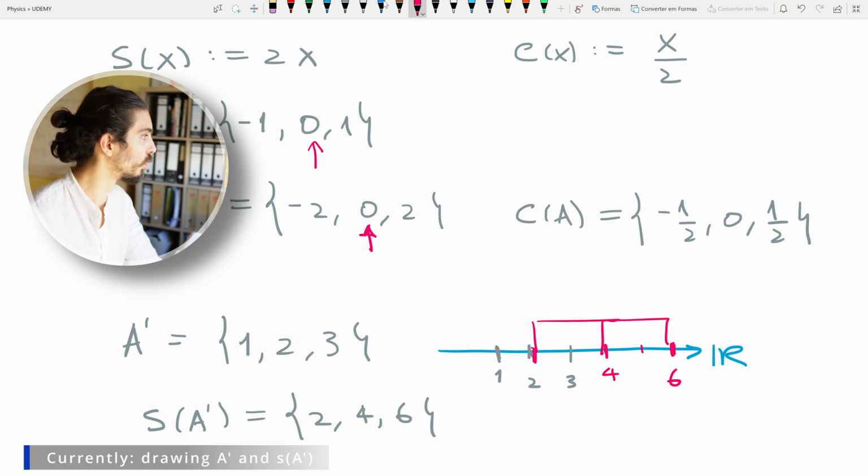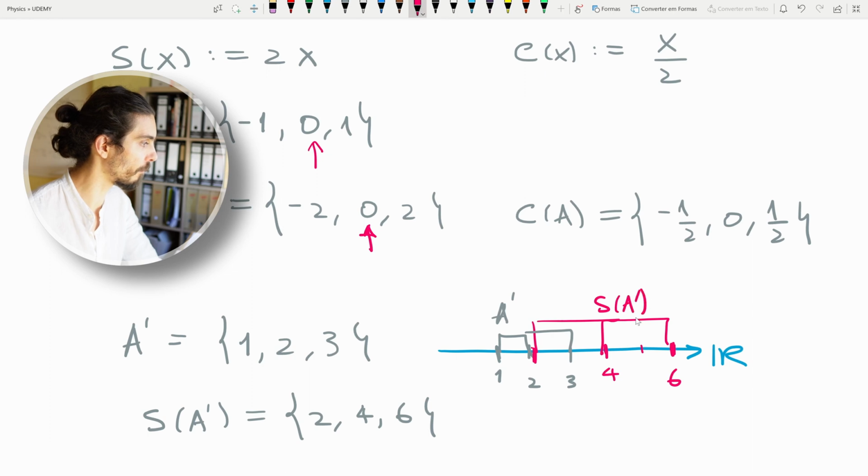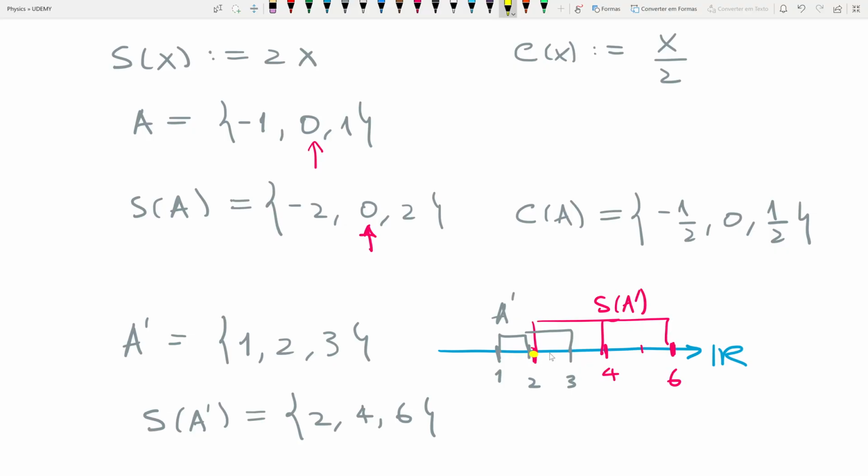So it's like this. So notice what the set did. This is A prime, and in pink you find s of A prime. So not only did the set get wider, twice as wide, additionally, the middle point moved from here, which was 2, to 4.